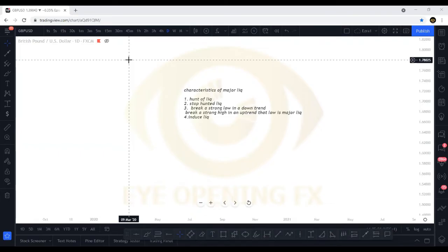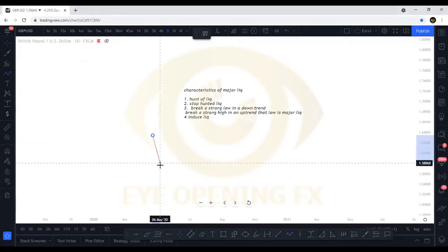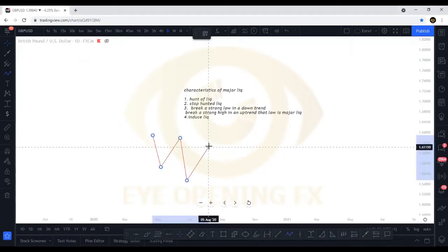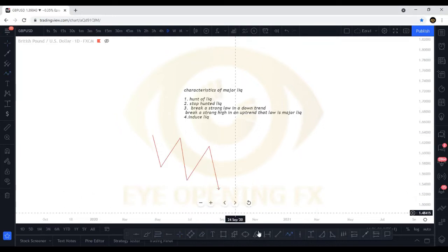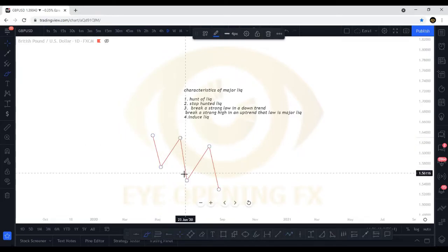Normally in liquidity, we have what we call external and major liquidity, and this is perfectly structural movement. That's why the market is making a lower low, a lower high, a lower low, a lower high. How do we define a major liquidity? It is a high in a downtrend that you're not expecting price to reach.